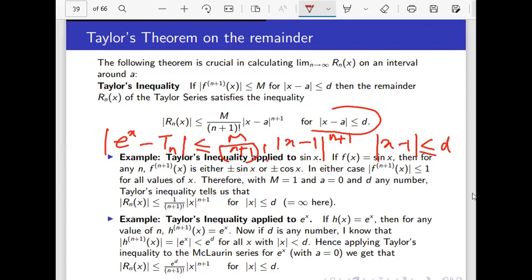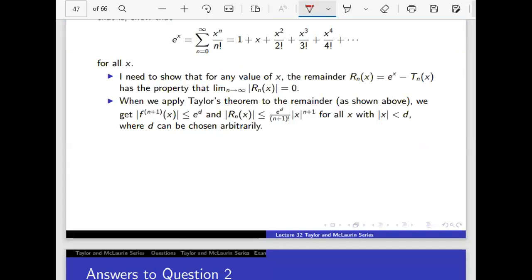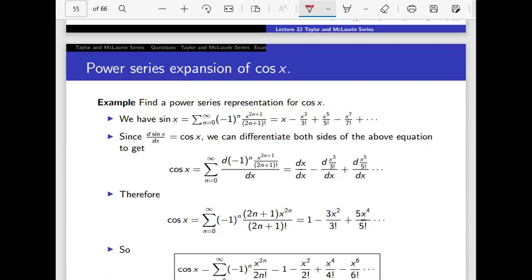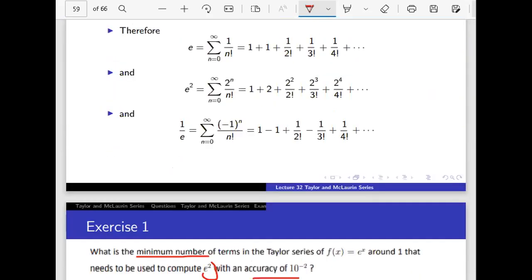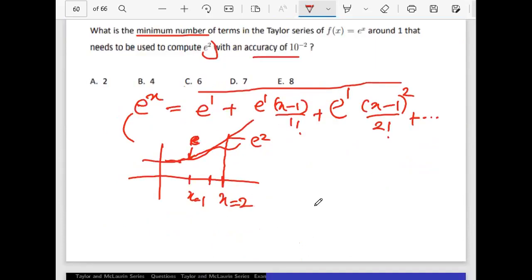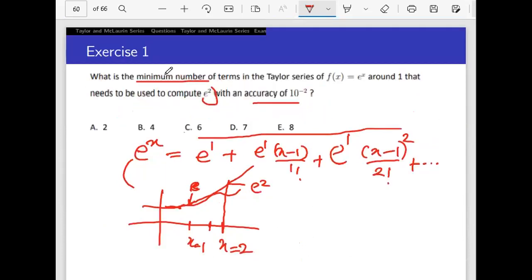All right, let's go back to our question. So this one here, M divided by n plus 1 factorial. After this, we have to use Octave for these things. So this is the infinite series.